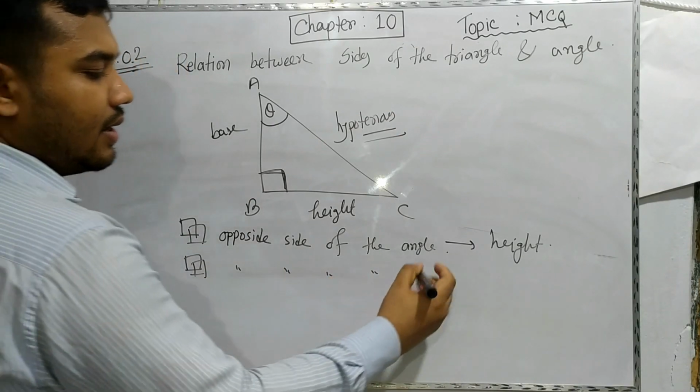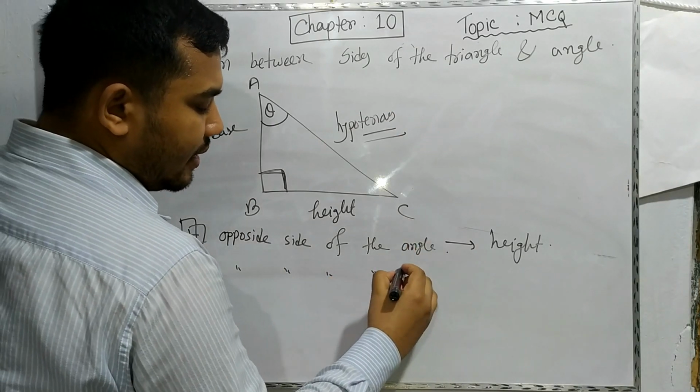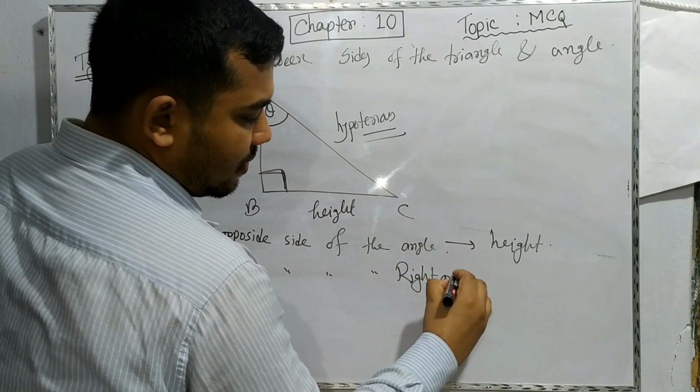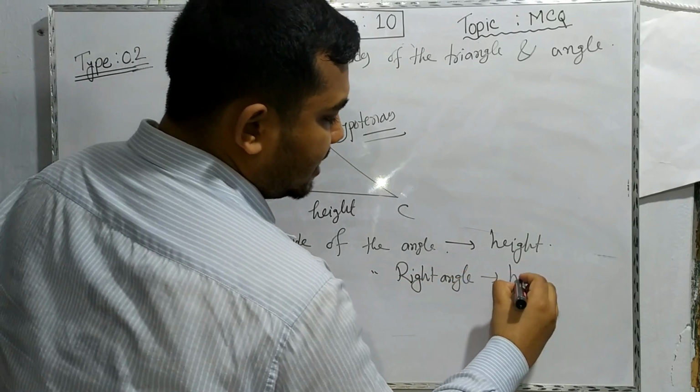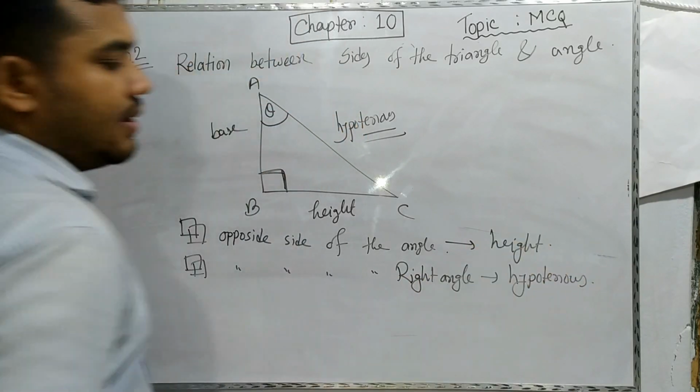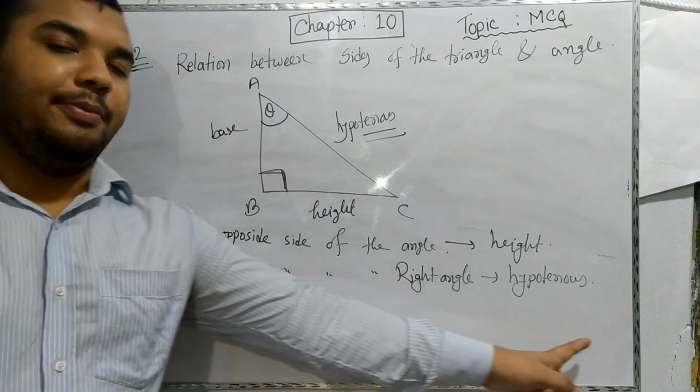Opposite side of the right angle must be the hypotenuse.